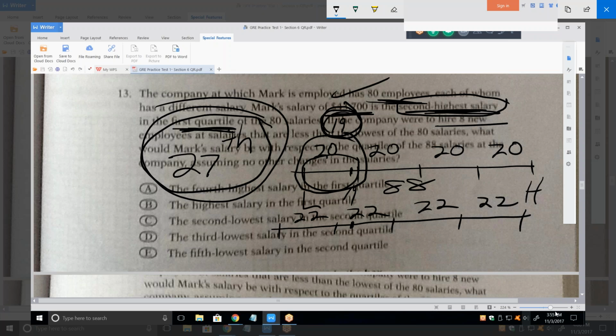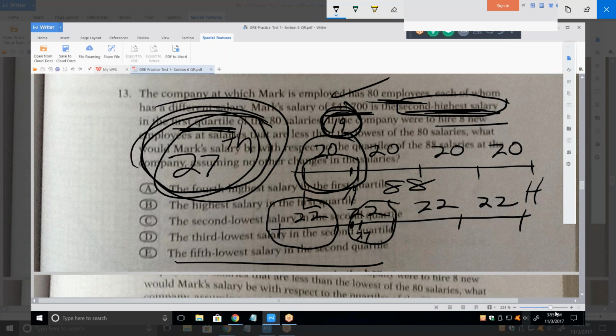And if you break up the 88 employees into 4 quartiles, each quartile is now 22 people. Right. Which, since he's in the 27th spot, he's definitely in the second quartile. So he's the 5th lowest salary in the second quartile. The second quartile is this quartile right here.